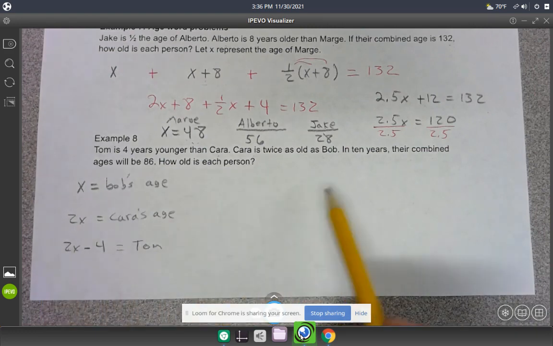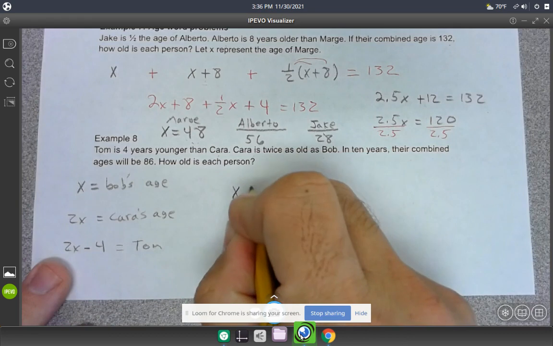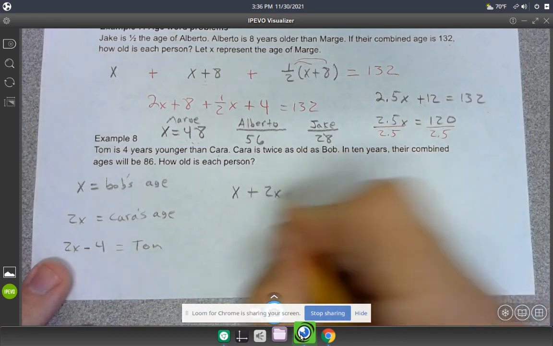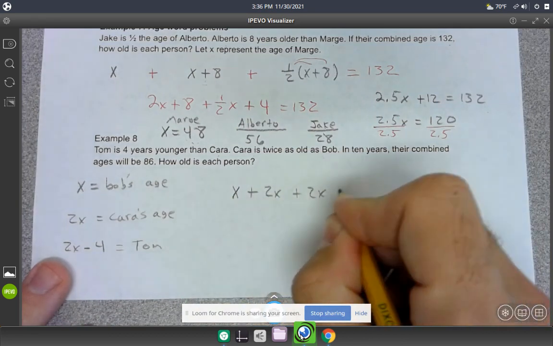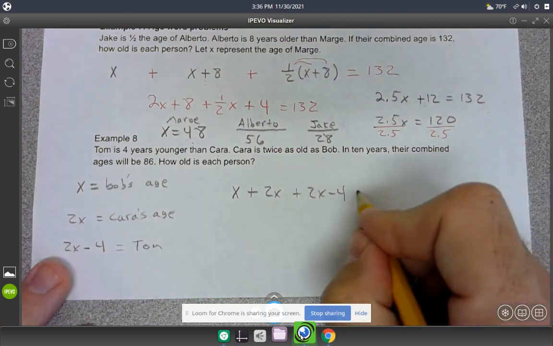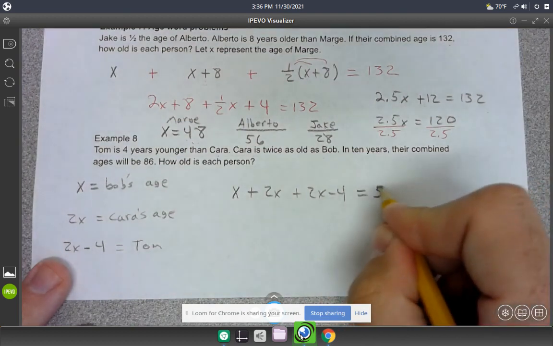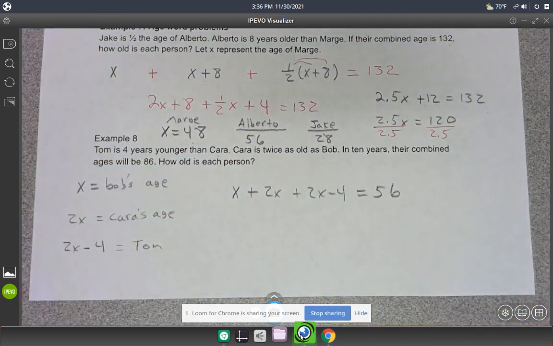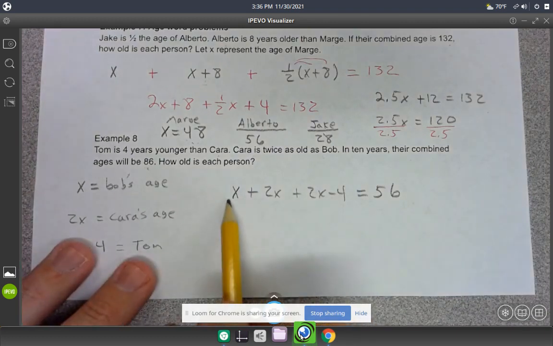All right, in 10 years, they're going to be 86 altogether. So right now, it's x plus 2x plus 2x minus 4. All of them add up to 56. And I'm just subtracting 30 because I'm taking off the 10 years is what I'm doing. All right, we'll see how this comes out.